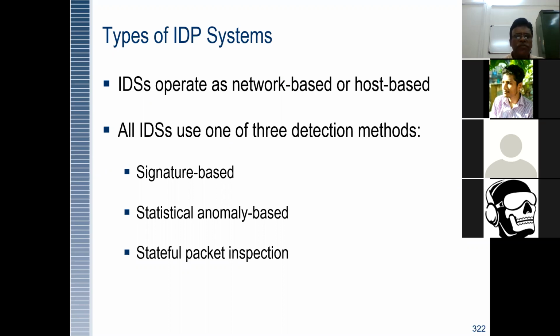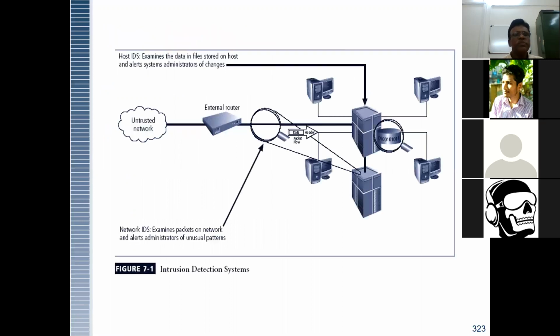In order to measure within an organization how many users are working, who are positive, who are negative, then you can say anomaly based, statistical anomaly. Similarly, stateful packet, in which way you can measure a physical level of identity, so that you can find out intrusion data.